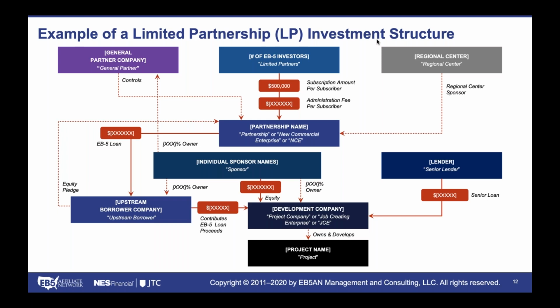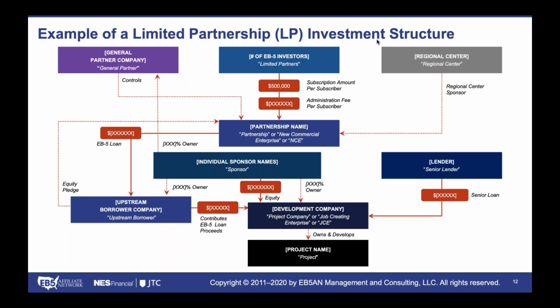Those investors all invest into the box below where it says partnership name, and this is typically structured as a new limited partnership where the EB5 investors all buy a unit of. Historically, it was $500,000. Now it's $900,000. This limited partnership is sponsored by a regional center, and the regional center's job is to report to USCIS annually on the investors in the project and on the project status.